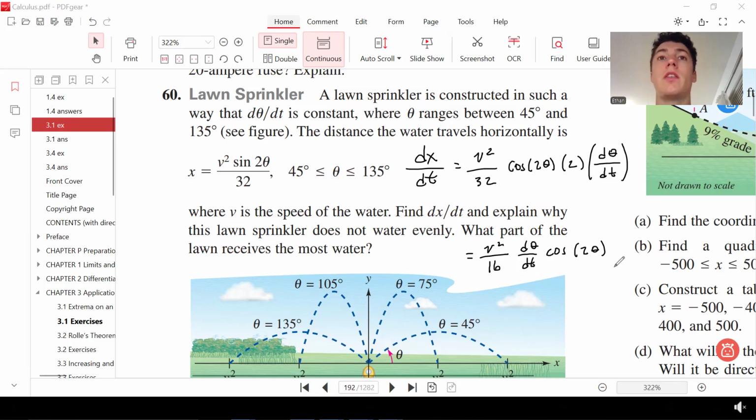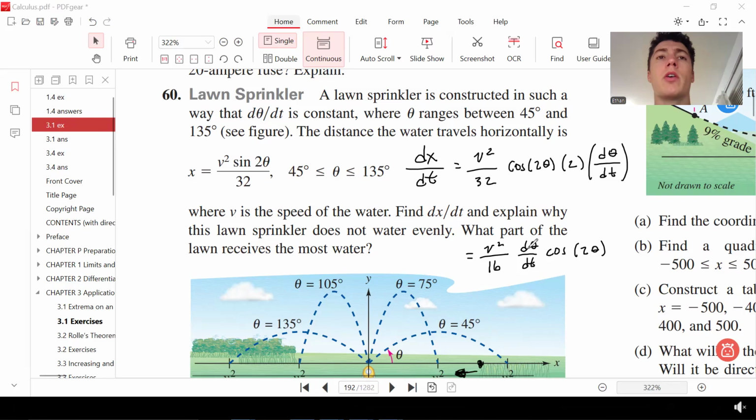So that's our answer. dx/dt tells us that the position that we're at, our horizontal position, changes with theta, and theta changes with time. So we're not watering evenly.